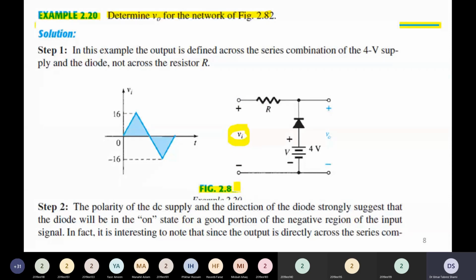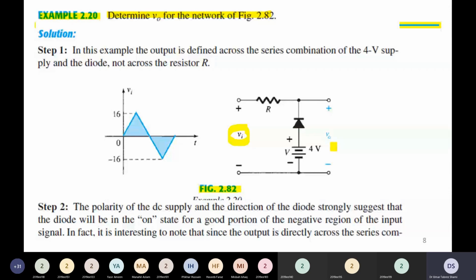This is the input source. Then we have resistor R. The resistor R is then connected to a diode such that the resistor R terminal is connected to the cathode terminal of the diode. And then after the diode, we are using an external DC voltage battery of 4 volts.